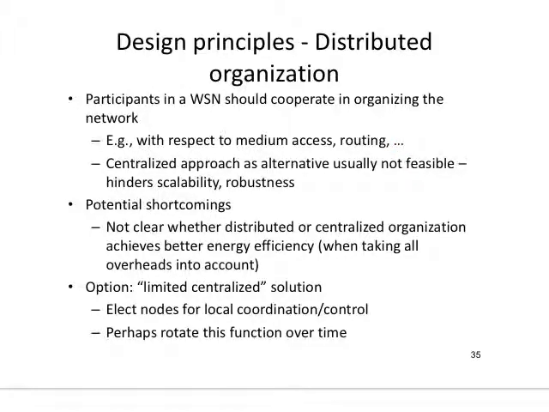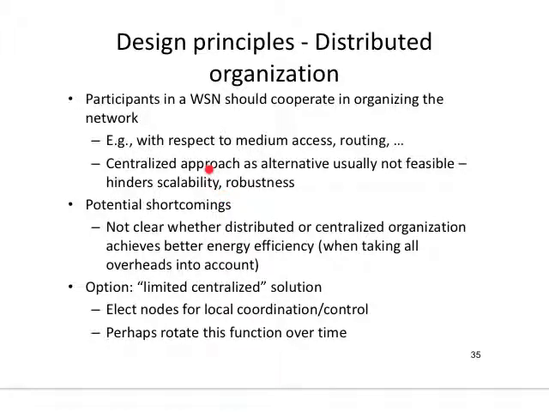The problem with centralized approaches is that they are usually not very scalable in sensor networks, in the sense that the number of sensor nodes might be very large. To rely on sending all the information to the sink node in order to have some optimization done there, and then send the result back to the nodes, will not scale very well for large sensor networks.